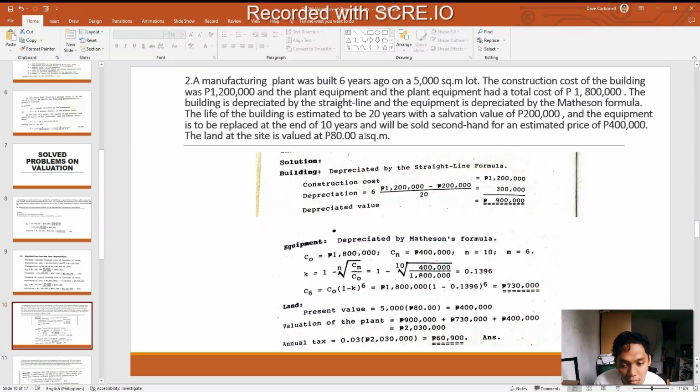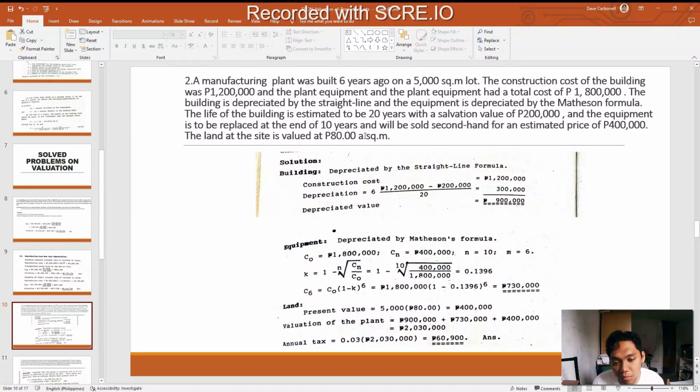And another plugging in of the formula, actually the same formula but different, to get another value which is used in computing K. So the formula for K in the Matheson formula was derived.